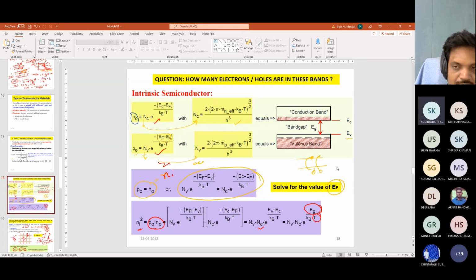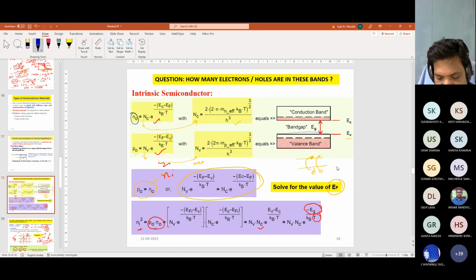Whenever you look at this, it indicates an intrinsic semiconductor. The empty states are defined without any color. The same color represents that the valence band is initially completely filled by electrons.